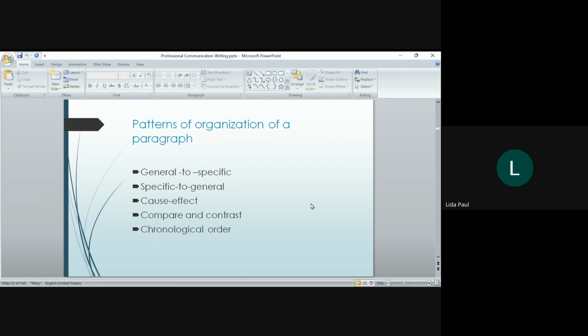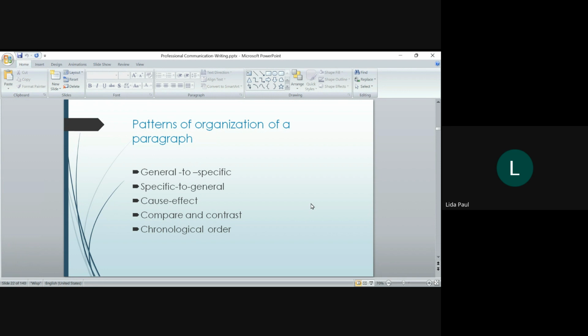Everything else, whether it is cause and effect or compare and contrast or chronological or the other 10 additional patterns, which I'll discuss with you in the next class, all of them can be classified somewhere under general to specific or specific to general. Which means you can take cause and effect and put it under a general to specific category of organization. You can take the compare and contrast pattern and put it under the general to specific or specific to general pattern.